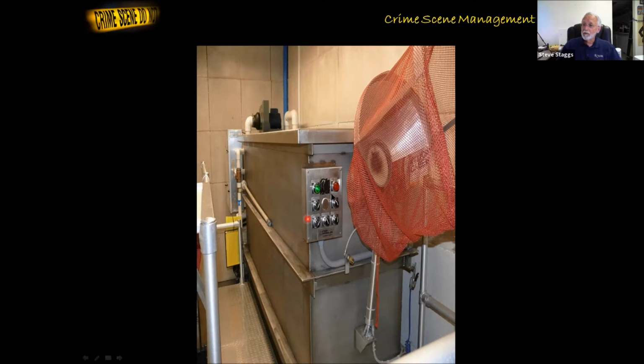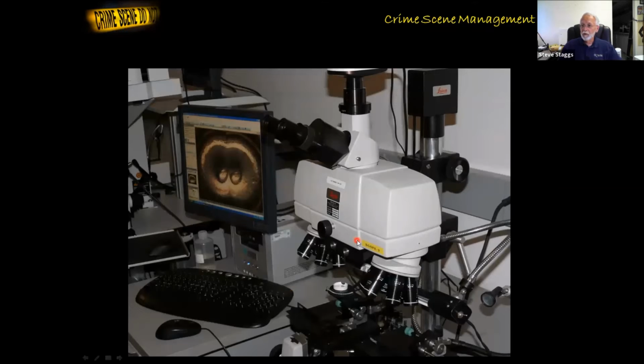And then there's some controls here. The lid opens and there's a screen that lifts up the bullet and you can retrieve it. Once you have the bullets or you have cartridges that you have test fired, there are comparison microscopes.